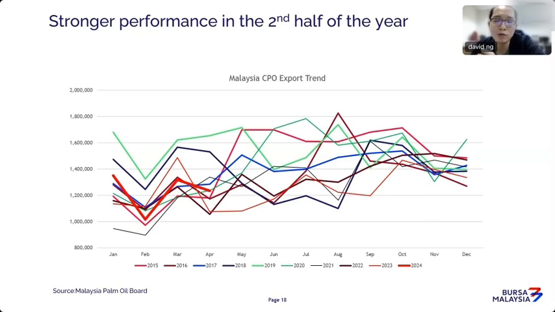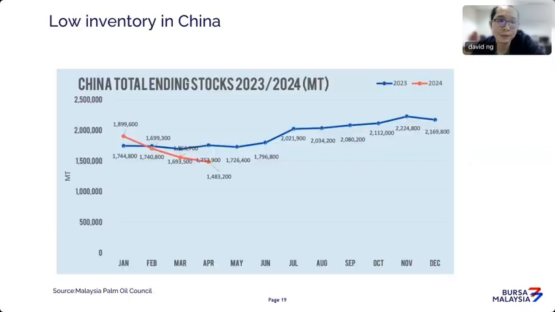During that time, a month or two before the Diwali festival, they'll be ramping up their demand for CPO, and that pushes Malaysia exports higher. But ultimately, the demand perspective is a less clear picture. Production and stocks have seasonal tendencies in play, while exports, on the other hand, are a slightly different picture altogether.